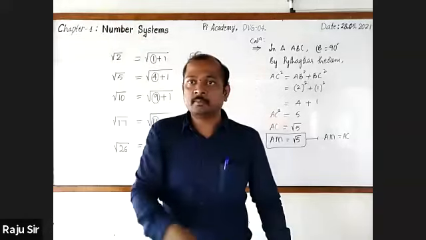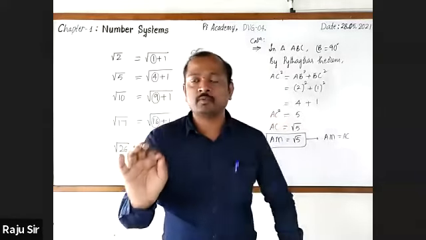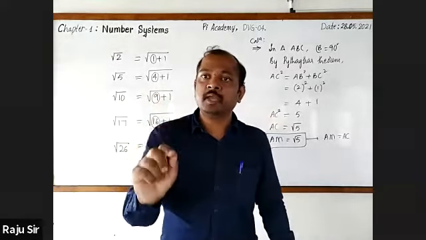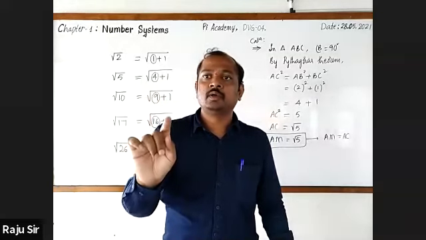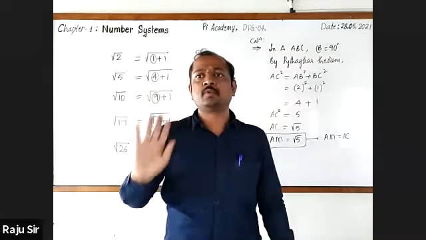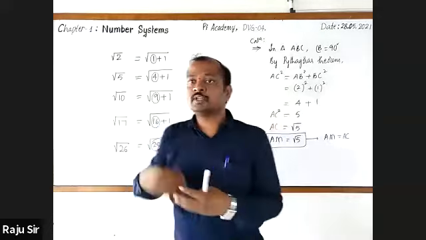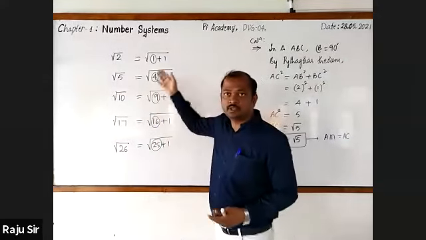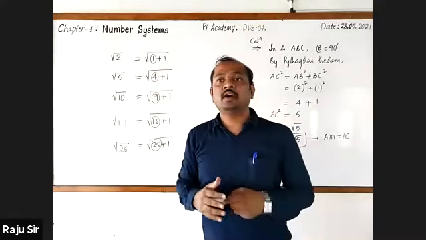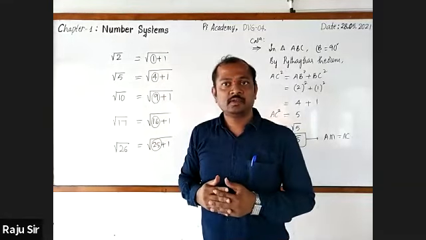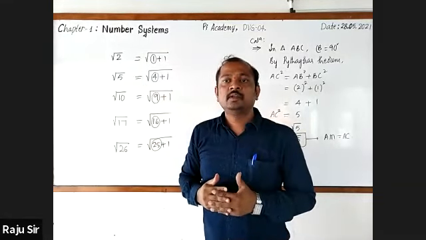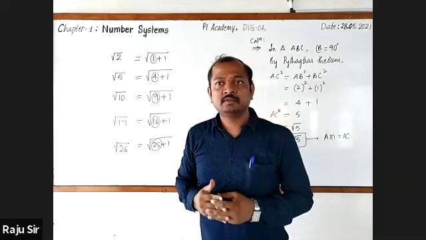It takes much time. So with respect to the spiral method, we may ask up to root 5 or maximum root 6. If more than that is asked, you need to go for the vertical method or horizontal method. Clear? Dear students, did you understand? Yes, sir.